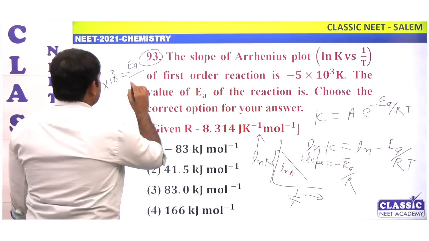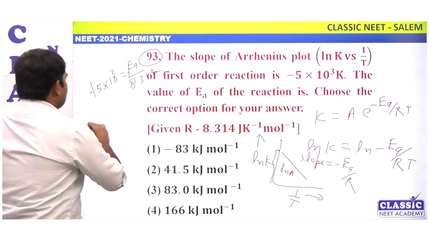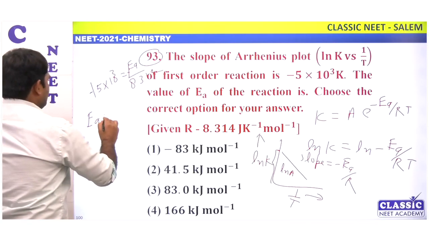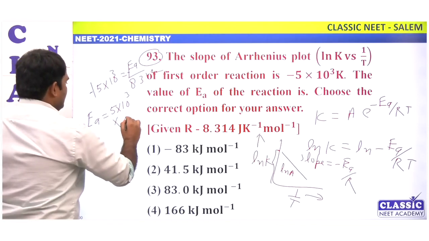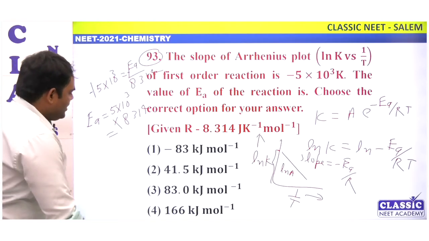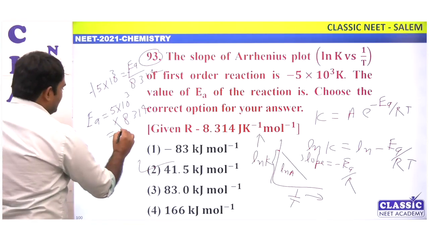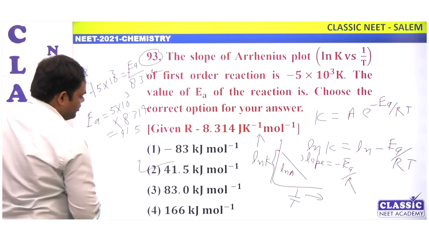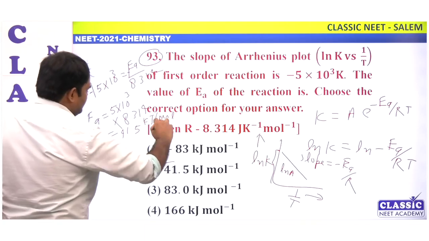That is also in minus, so minus minus will cancel out. So Ea is 5 into 10 to power 3 into 8.314. So beta, when you calculate that, you will get the answer 41.5. What is that? 41.5 kilojoule per mole.